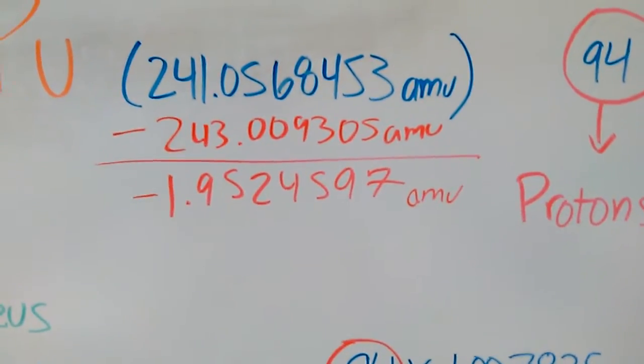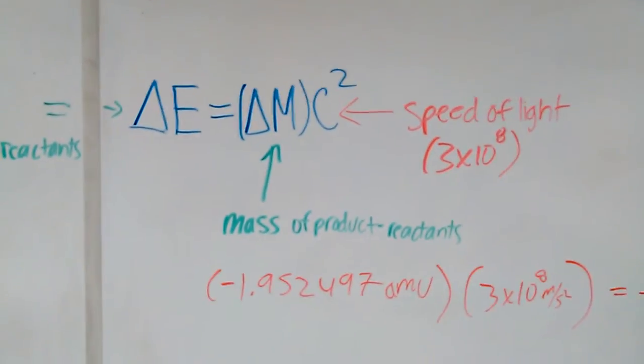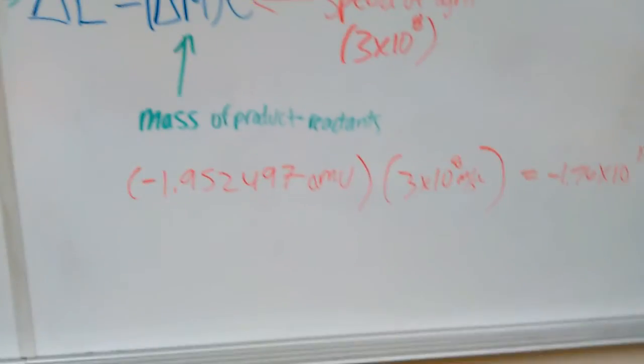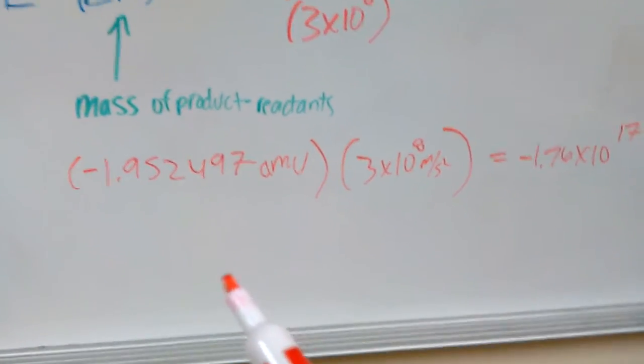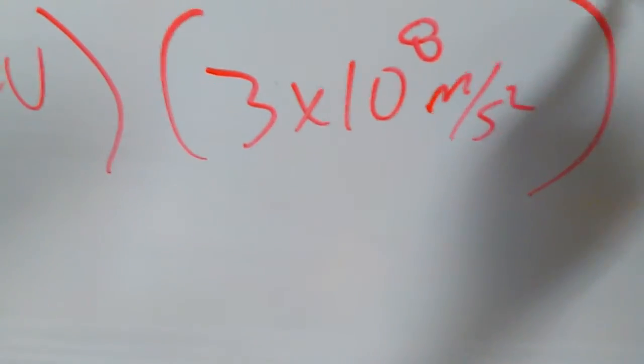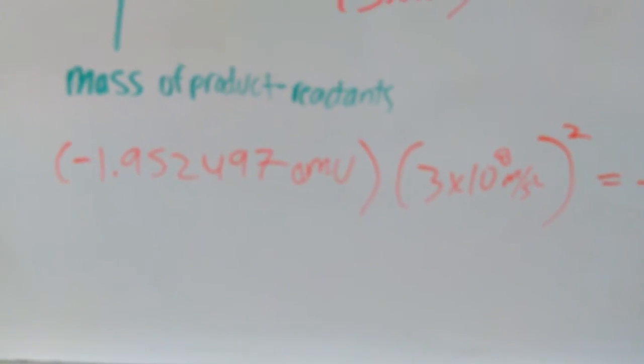Once we find our difference, our mass discrepancy, we plugged into Einstein's equation. The equivalence relationship states that E equals mc squared. So here, use that same number of the difference, multiply it by the speed of light squared here. And then once you square it, you should get this answer here.